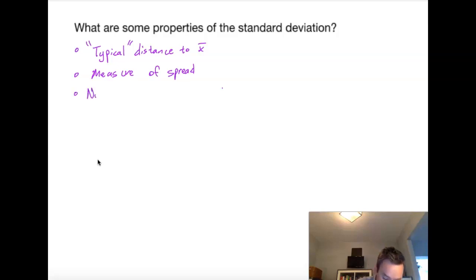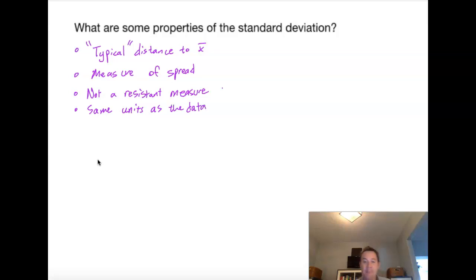It is not a resistant measure. It has the same units as the data itself. Okay?